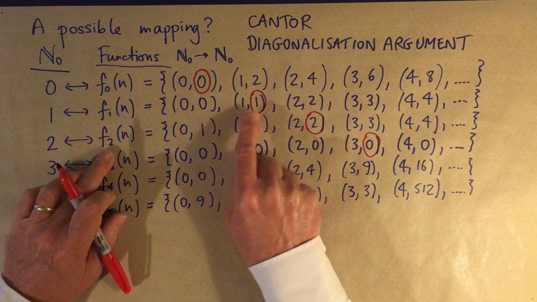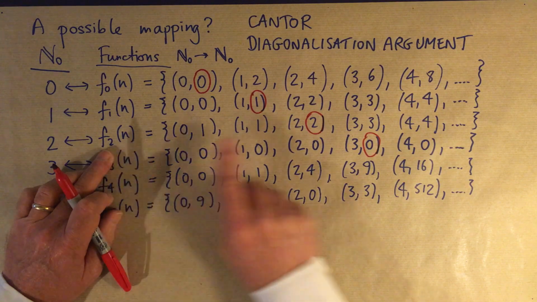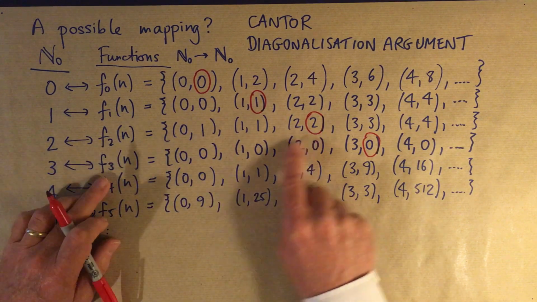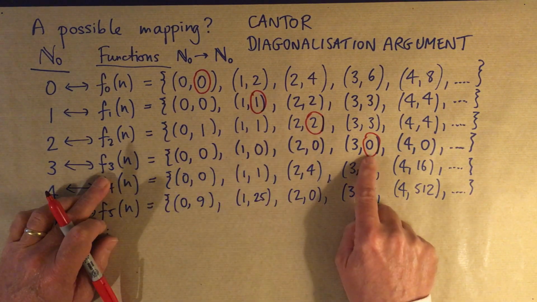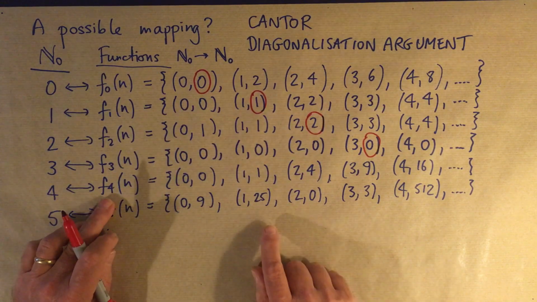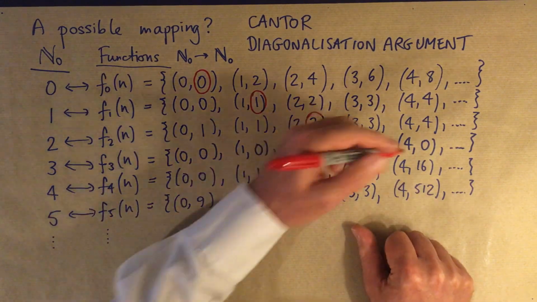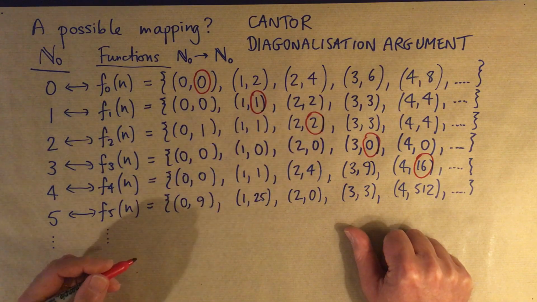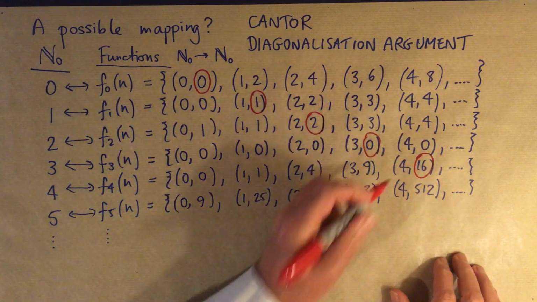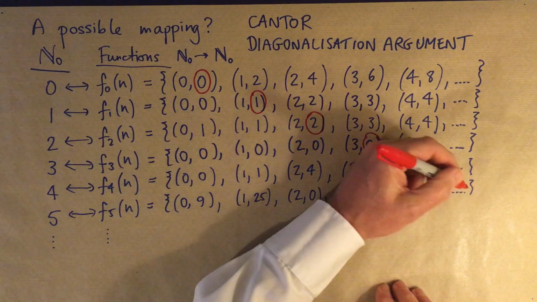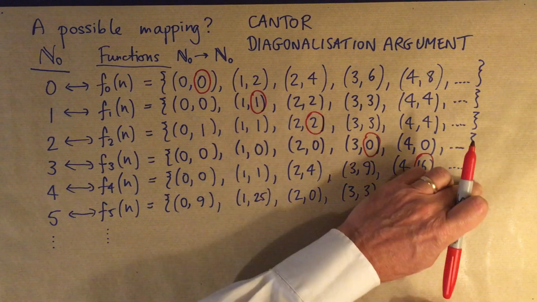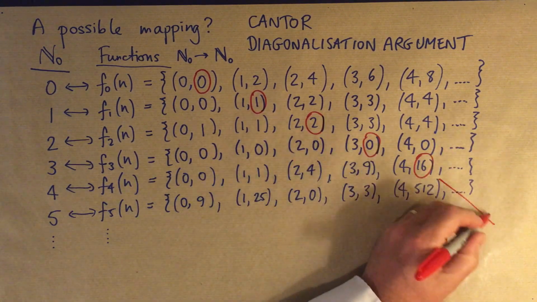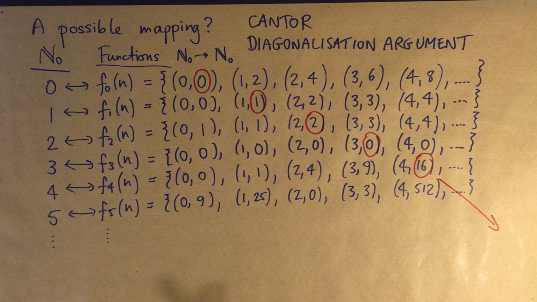Look at F2 and look at the output for 2, it's 2. F3, look at the output for 3, it's 0. Look at F4, the output for 4 is 16. And so on and so on. So I didn't list the fifth one here, but we would, whatever the output for 5 would be for that one, you just keep going on forever.